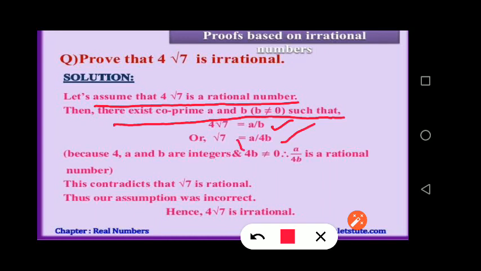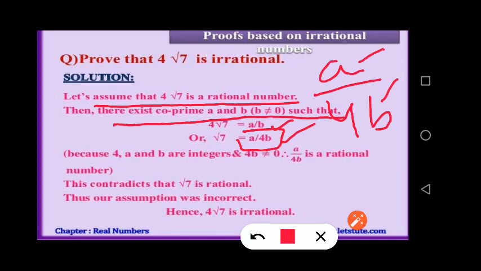Now if we see the right hand side, A is an integer, 4 is an integer, and B is also an integer. So integer by integer, therefore A by 4B is a rational number.